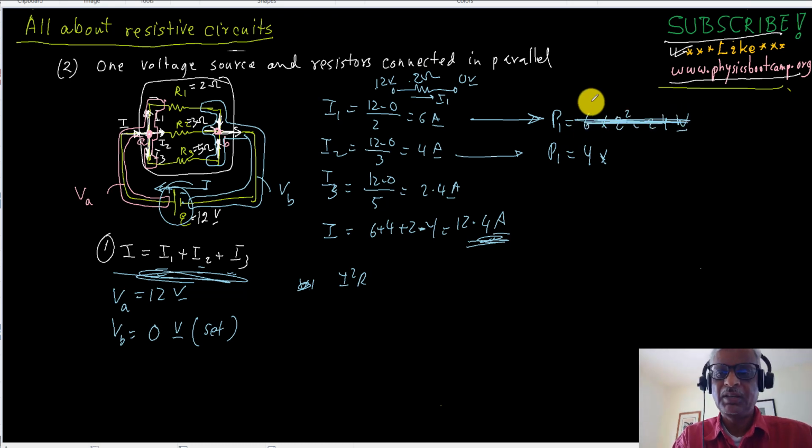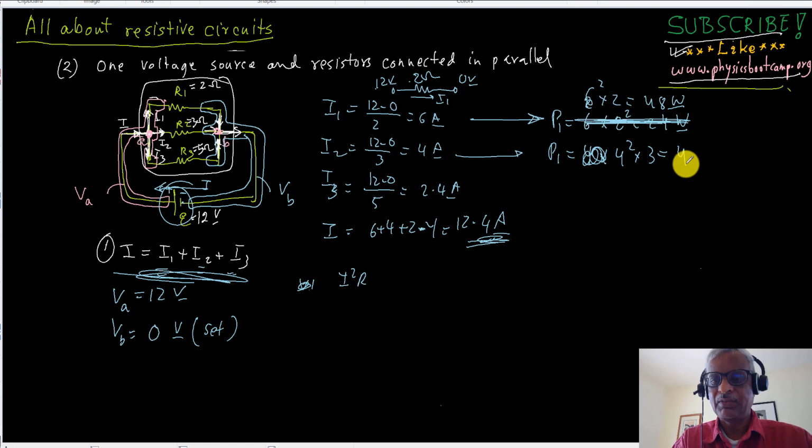Yeah, I'm doing the opposite. So I squared is going to be 6 squared times 2. So this is 72 watts, and this will be 4 squared times 3, this is 48 watts.